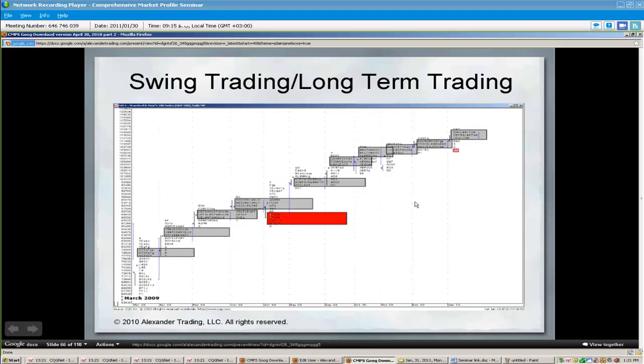But this was the 2009 low, and off of that low you had a persistent migration of value higher. Now this red area was a make or break time for the market, and this occurred in July of 2009.